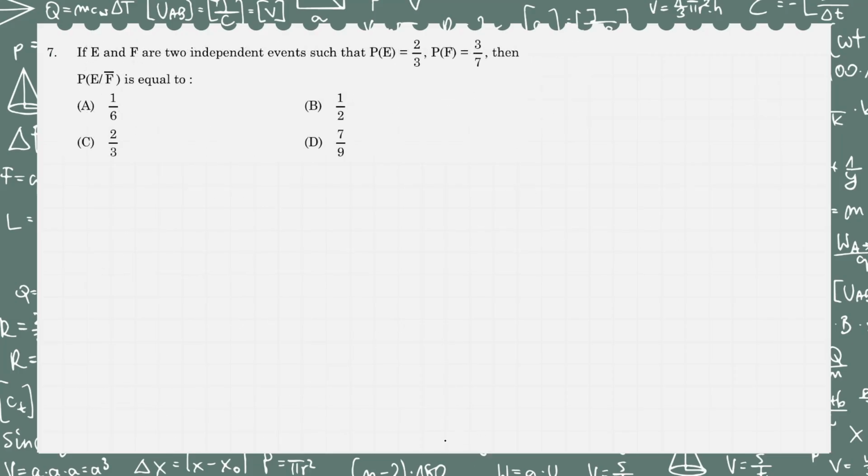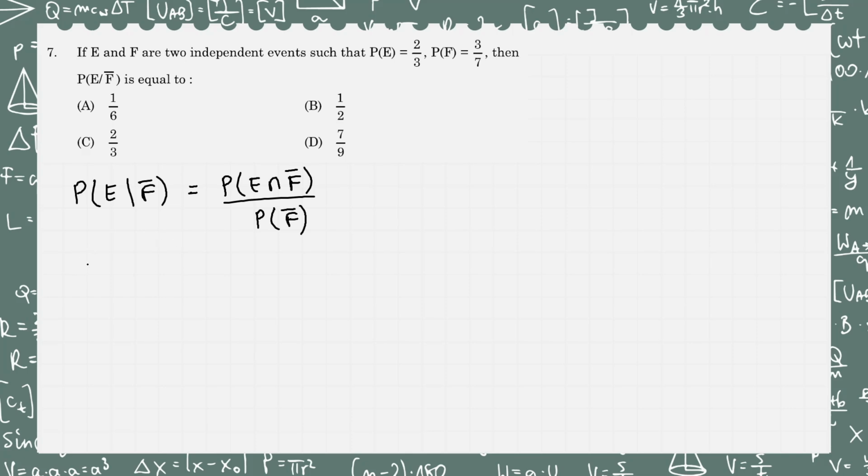Sum number 7. If E and F are two independent events such that P of E equals 2 by 3 and P of F equals 3 by 7, then P of E given F bar is equal to, we can use two ways here. The straight cut formula is P of E given F bar equal to P of E intersection F bar divided by P of F bar.